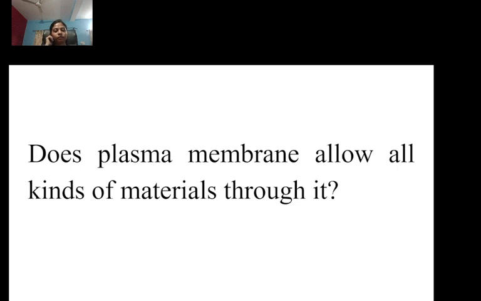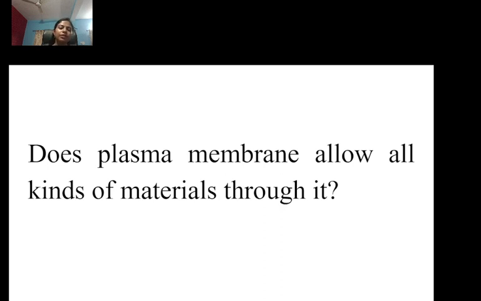Does the plasma membrane allow? Okay, Suman said it does not allow. Okay, fine. Some allow, some not. What about Sneha? What is her point? Allow all the things, all the particles allowed.